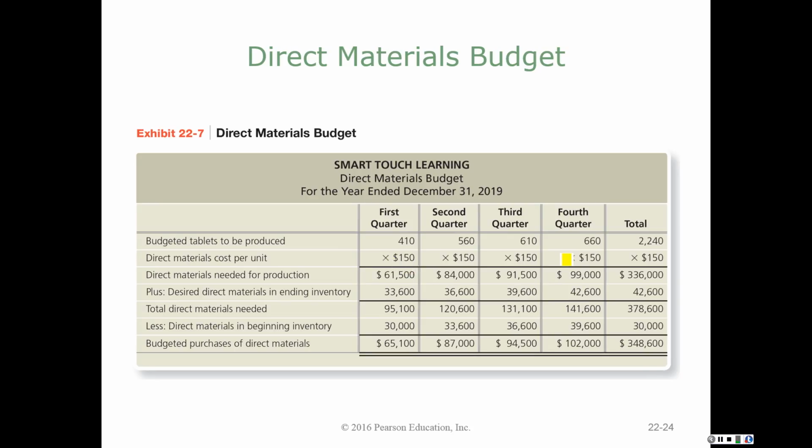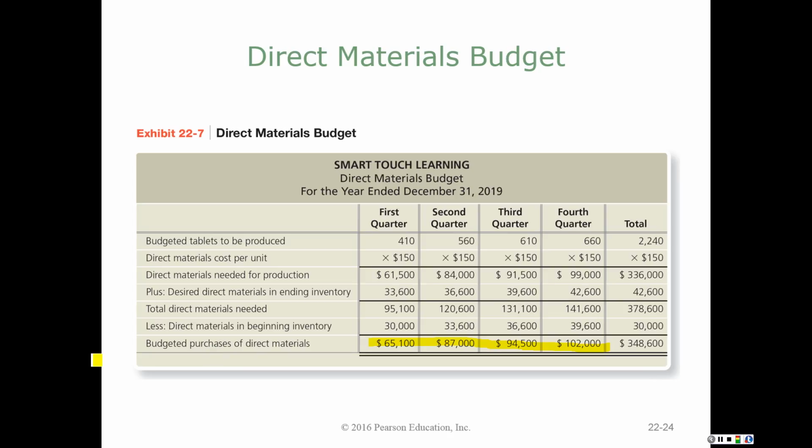We know the cost of materials per unit, so we know what it would cost us in materials for everything that we need to produce, but add to that the value of any materials that we want to leave in ending inventory, subtract from that the value of materials that were already in beginning inventory, and these are the costs that I am going to have to spend or incur each quarter for the production of my Smart Touch Learning tablets.